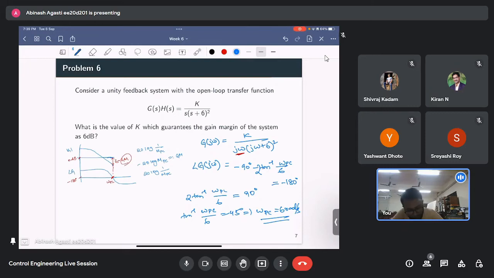So at this ω_pc, we substitute this back in. What will be the gain of the system? First, G(jω) will be K by jω into (jω plus 6) whole square. So what will be the gain at this value? Or let us just find out.